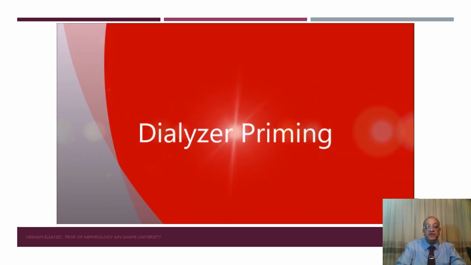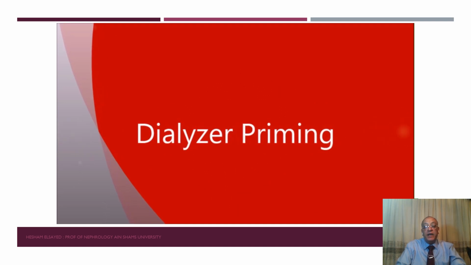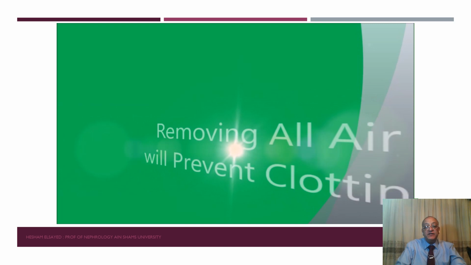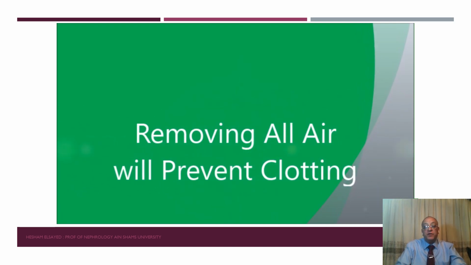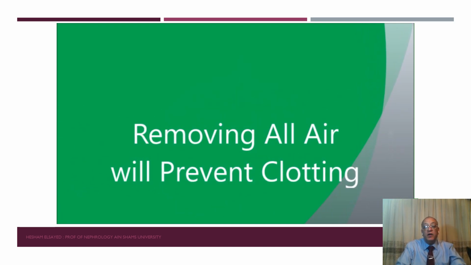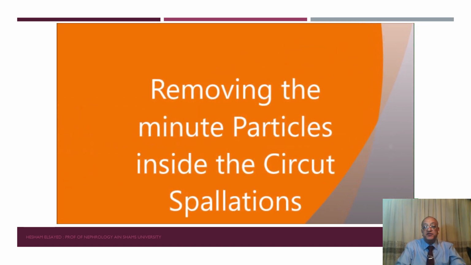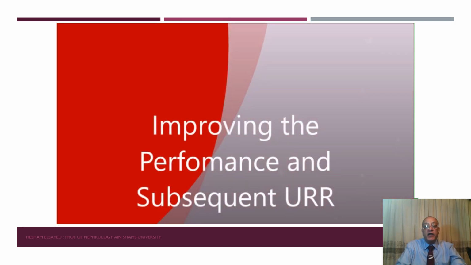Hypersensitivity reaction is related to many of the components of the dialyzers. The safest way is to do a better priming technique to remove all the air, which will prevent clotting, and to remove all the minute particles inside the circuit, so we can have more and more efficient dialysis.